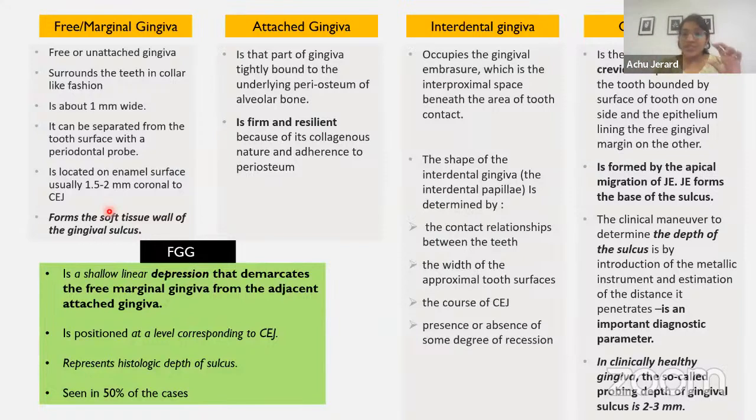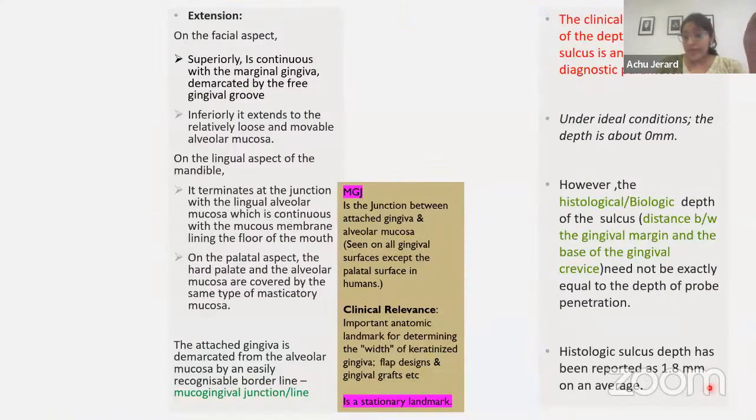It is a fixed value. It is the measurement from the gingival margin to the junctional epithelium. So we take a slice of it, stain it, view it under the microscope histologically and take the measurement. And on an average, it was found to be 1.8 millimeter.